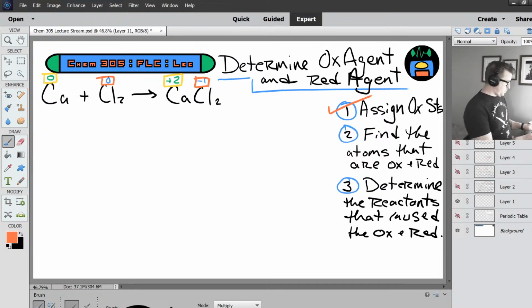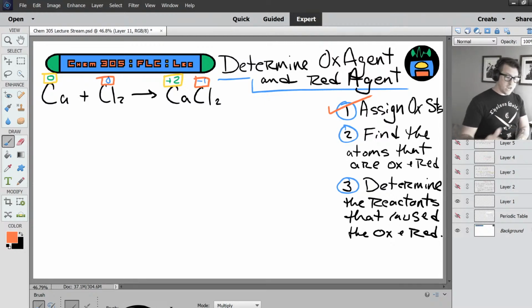Esther, great question. Almost. So the sum of all the oxidation states always equals the total charge.